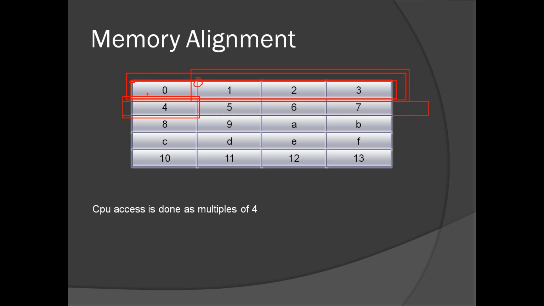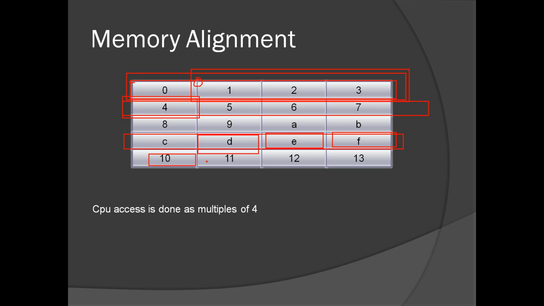In this operation the CPU is doing 2 read operations or write operations, whatever the case may be. But if the address is aligned, the CPU can do a single read like this and get the 4 bytes in a single shot. You may ask the question, why can't the CPU read this byte, this byte, this byte, and this byte in a single shot?